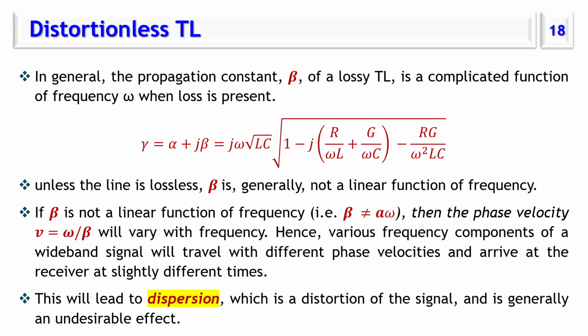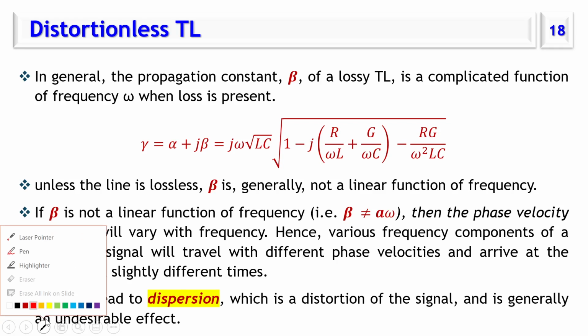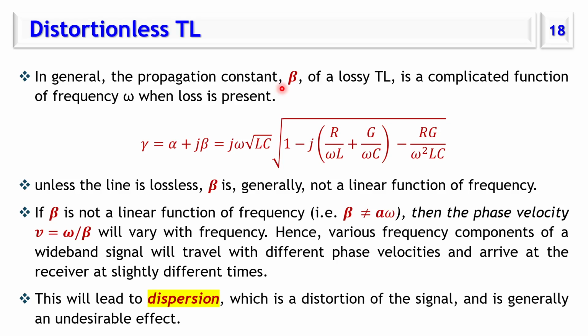Some other topic of interest is the distortion on transmission lines. In general, the propagation constant of a lossy transmission line is a complicated function, as we can see, so it has this expression.